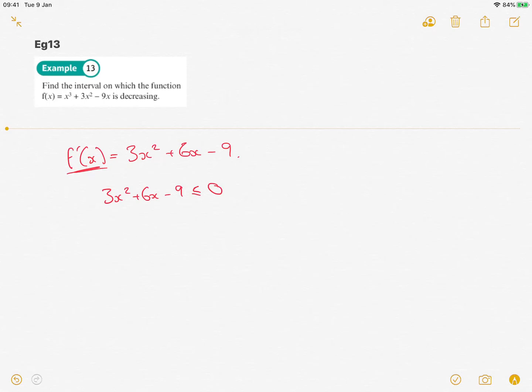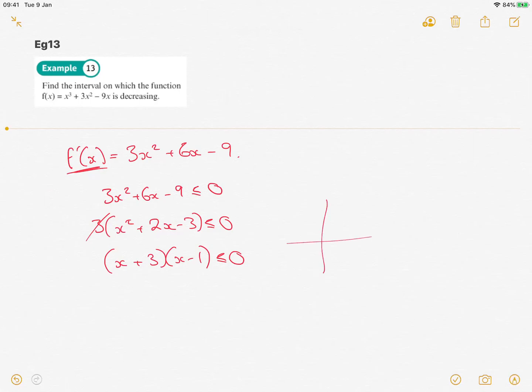quadratic less than or equal to 0, and then I'll find the points where my gradient is less than or equal to 0. So first thing I can do is take out a factor of 3 to make it easier for myself, and then we can ignore that 3, then factorise, and then let's just draw that quadratic so we can solve it.